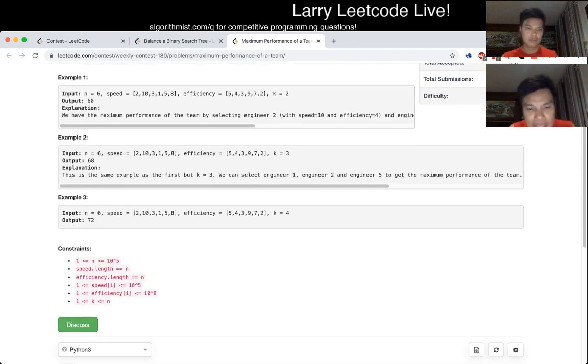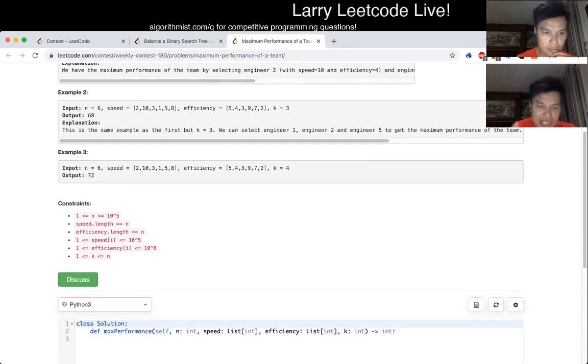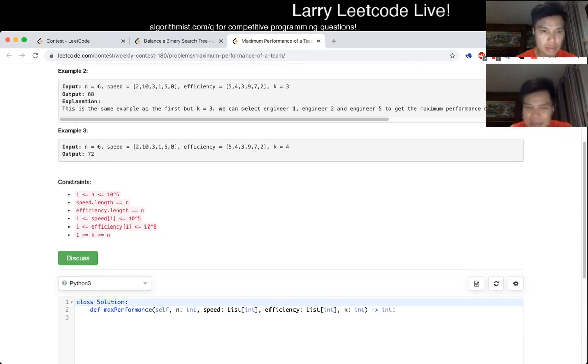I thought about it: okay, efficiency is from 1 to 10 to the 8th, right? So I was thinking maybe there's some binary search or ternary search type of thing, where for a given efficiency, what is the max speed that you could give me?